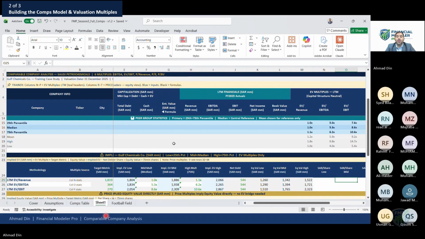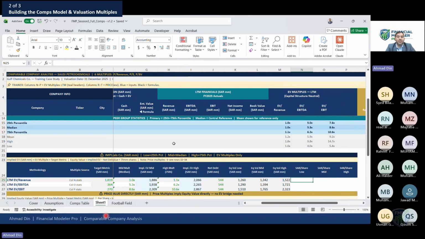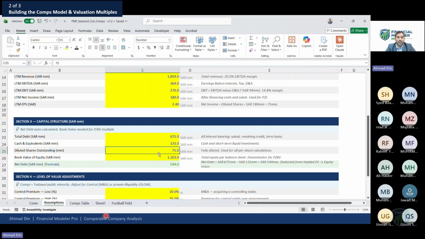Now if we have a number of shares, like here we are assuming 70, for example, the number of shares is used for all pre-calculation share. Okay, number of shares we can calculate. These are the diluted shares outstanding, not the SAR.